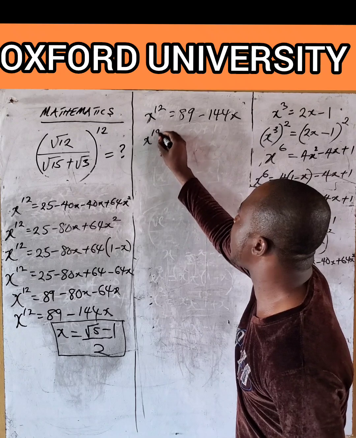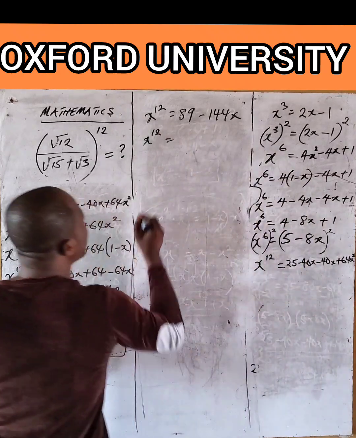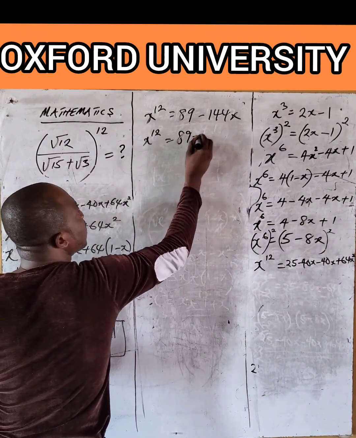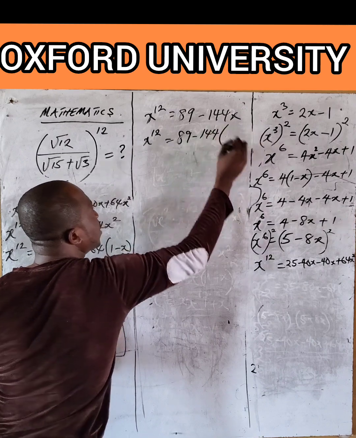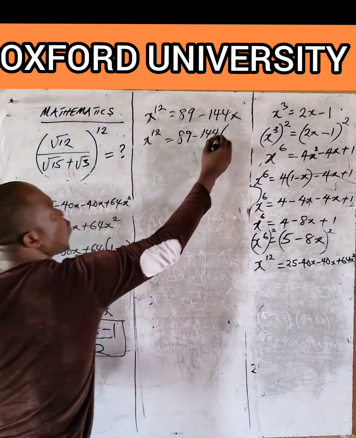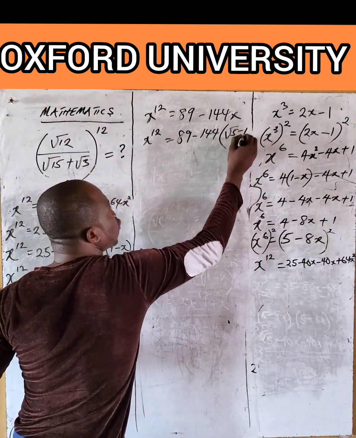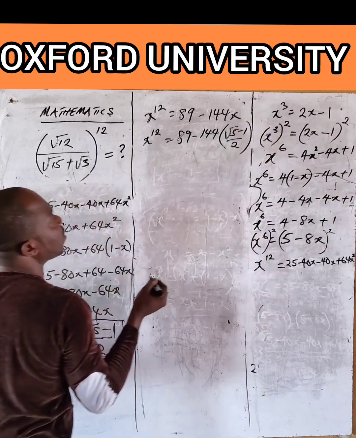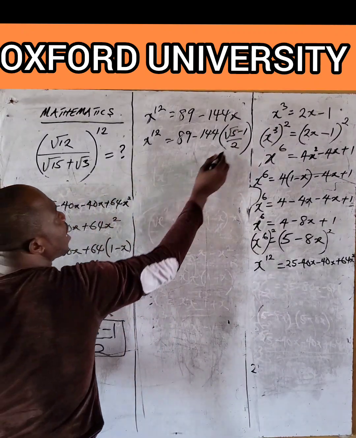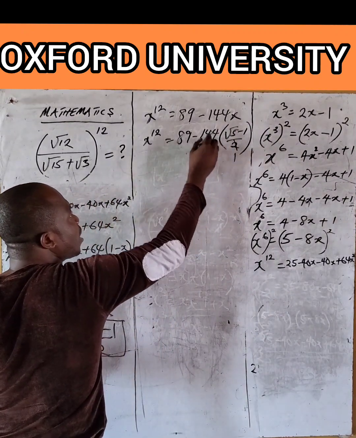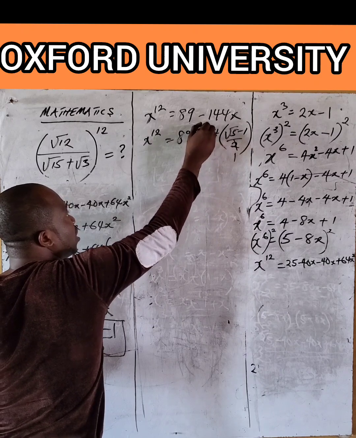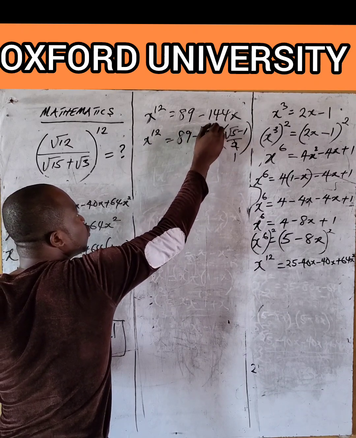So our x raised to the power 12 will be 89 minus 144, what's our x? Root 5 minus 1 all over 2. So that's what we're having. So if that is true, it then means that if I cancel 2 here, it will give me 1. If I cancel 144, it will give me 72.